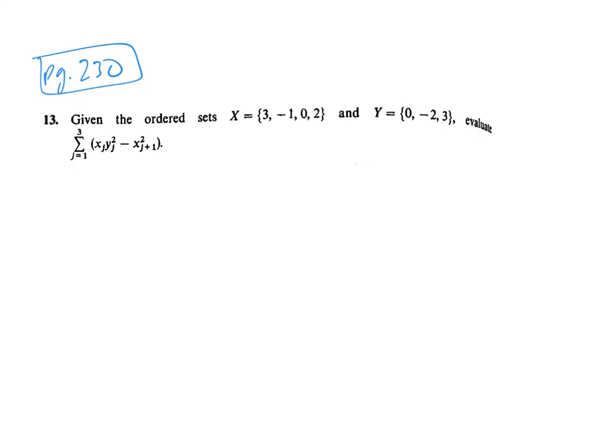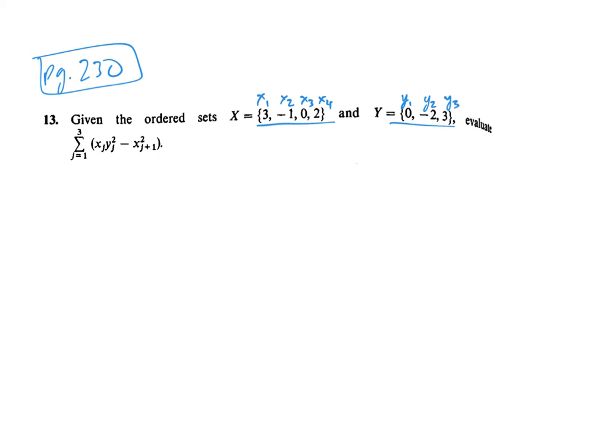All right, here we have a summation problem and sets of numbers for x and y. So we'll be looking at the first x term, second x term, third x term, etc. Same for the y's.